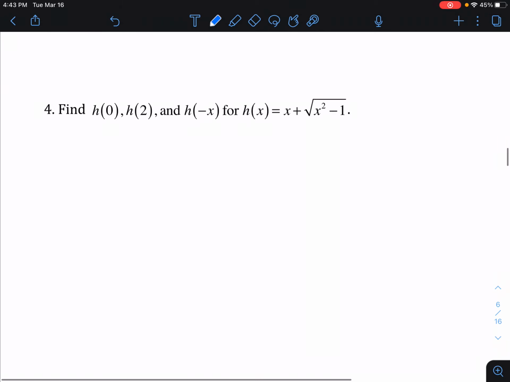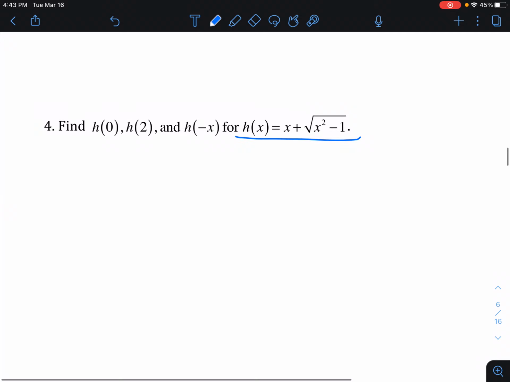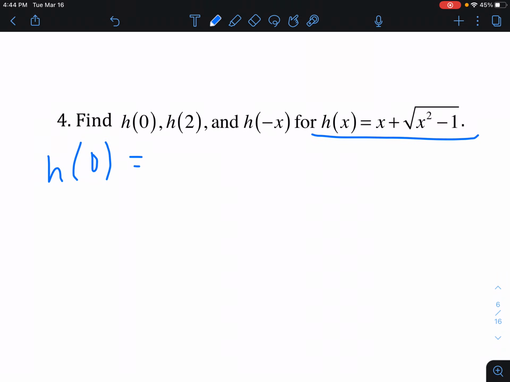Okay, we have function h right here, and we got 3 problems, 0 and 2 and -x. Let me do, I want to do h of 0 actually. So plug in for the x's here and here.